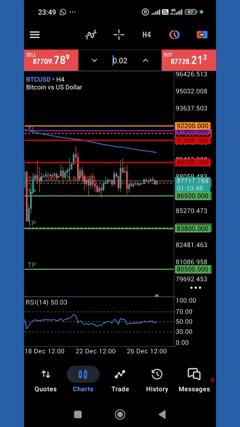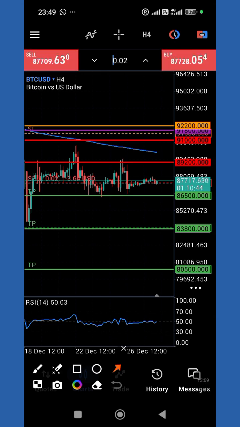That is why I have my trade around this place. That is not where it's supposed to be exactly. But the normal entry for me, as regards this analysis, is 88,800 to 89,300.